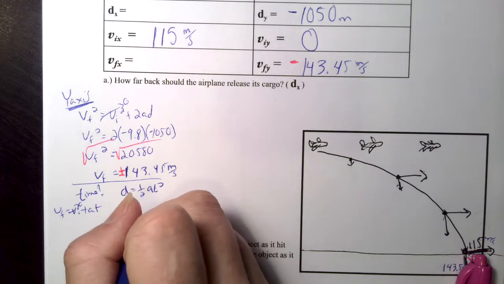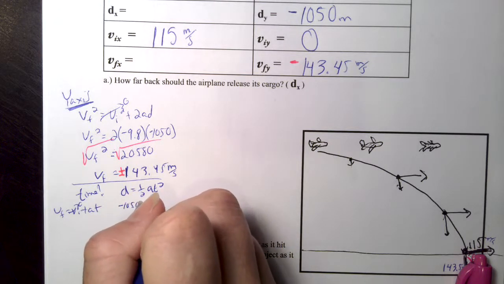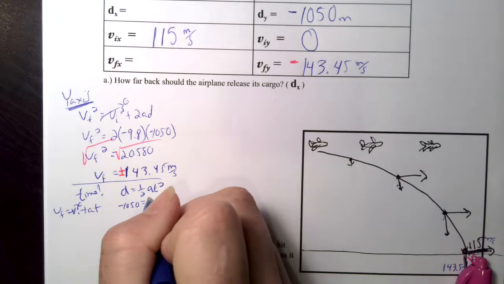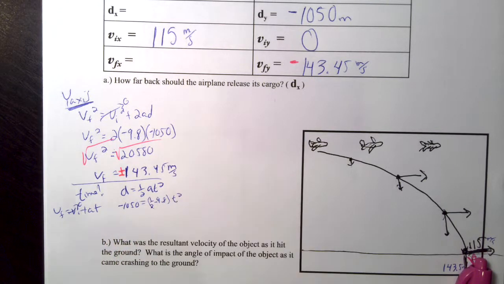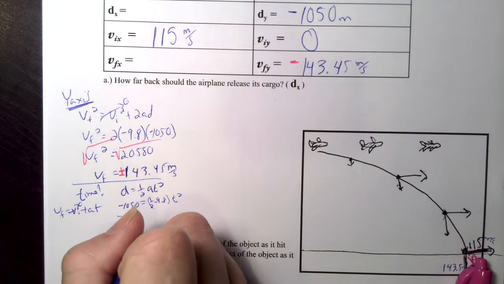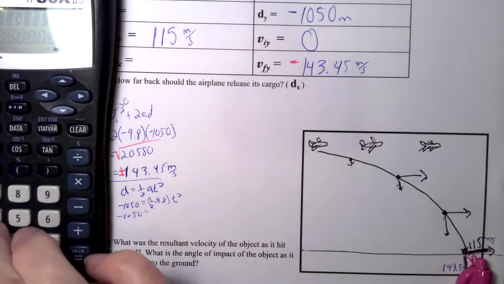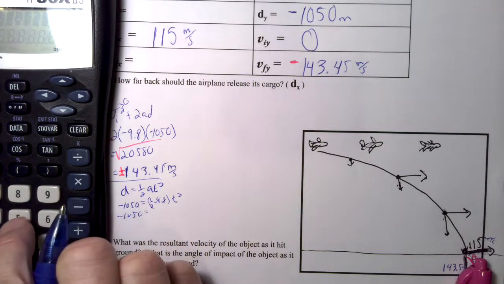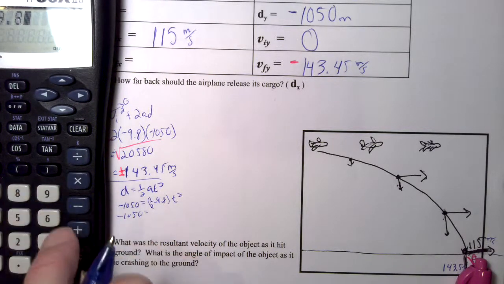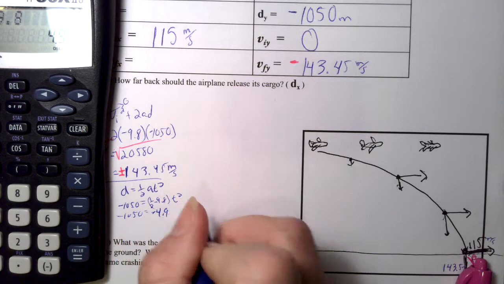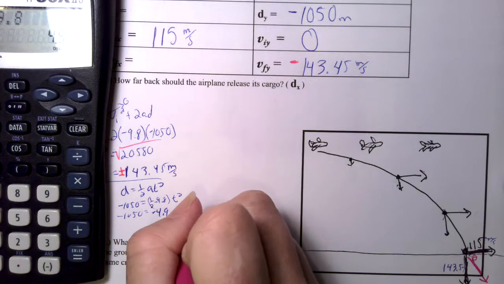D would be negative 1050 equals 1/2 times negative 9.8 times my T squared. So 0.5 times negative 9.8 is negative 4.9 T squared.